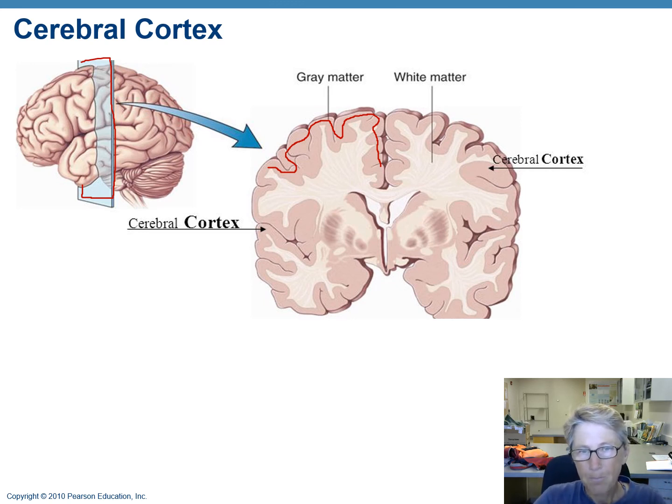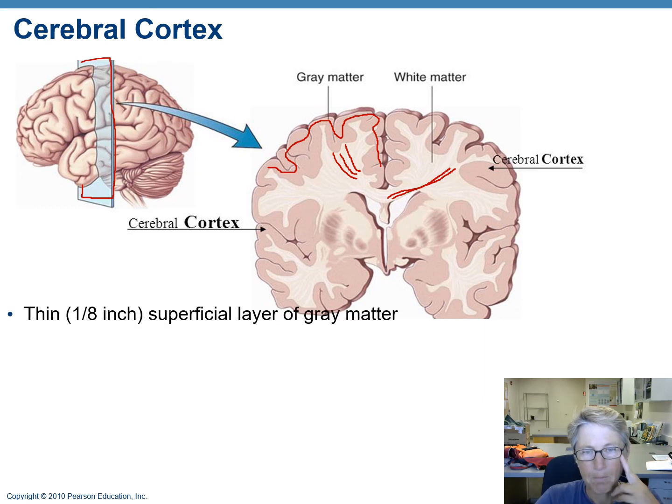And then deep to the gray matter of the cerebral cortex is the white matter, so that's all this stuff. And white matter is mostly made of myelinated axons. And I don't know if you can see in the cartoon, but you can kind of see some lines here. So those would be the myelinated axons of the white matter.